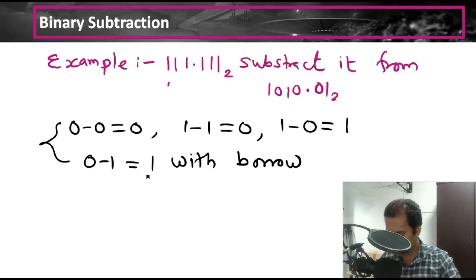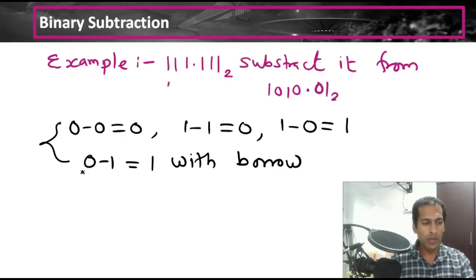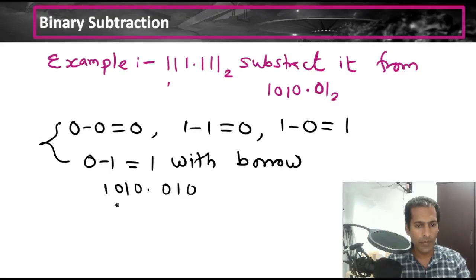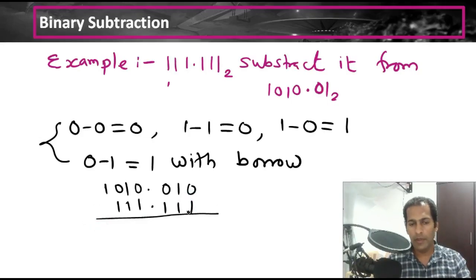So let us solve it. Say we have 1010.010, then we have 111.111. Simultaneously, all of you should solve this example. 0 minus 1, we get 1 with borrow 1.